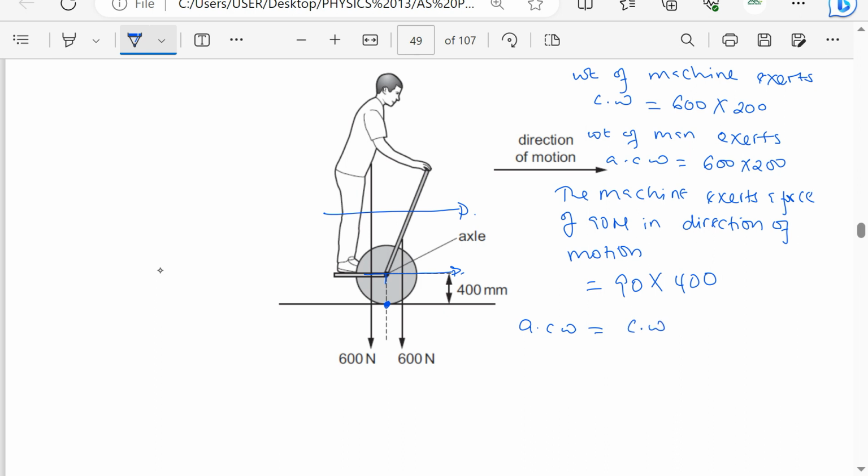For the anti-clockwise moments, I have the weight of the man, which was 600 times 200. That was the weight of the man causing an anti-clockwise moment.